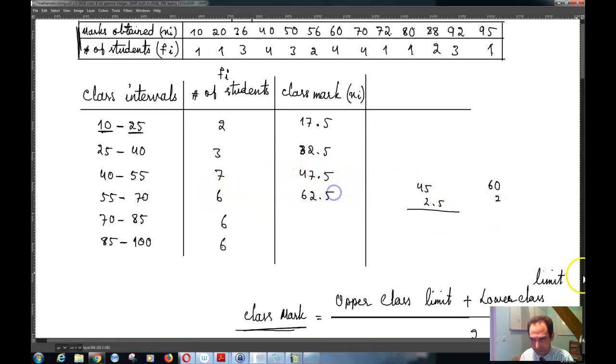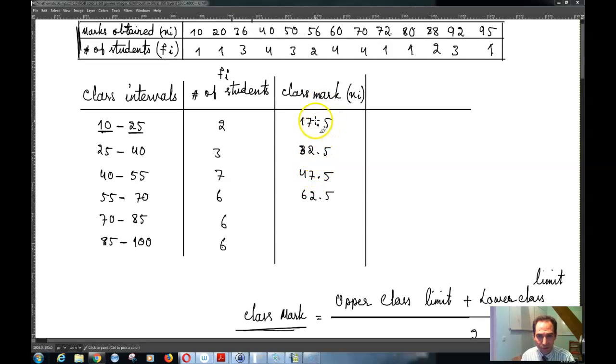You can usually find a common difference here, meaning that, for example, the difference between 32.5 and 17.5 is 15. The difference between 47.5 and 32.5 is also 15.